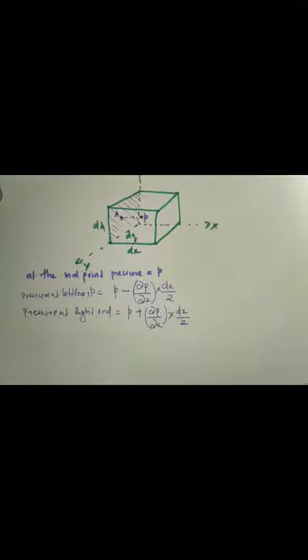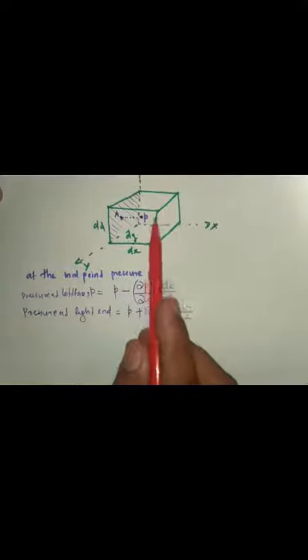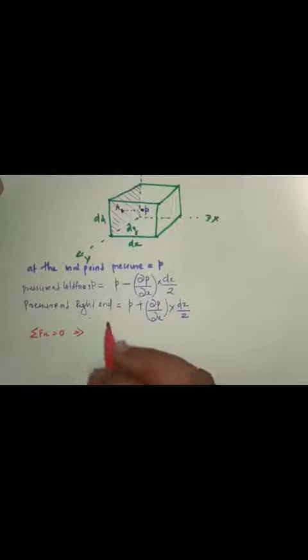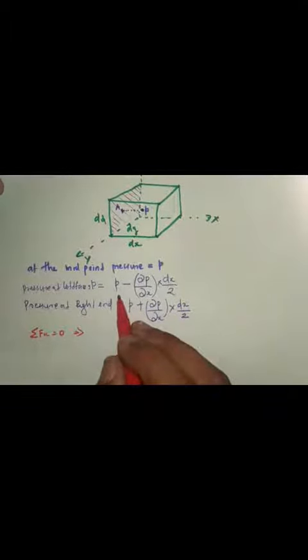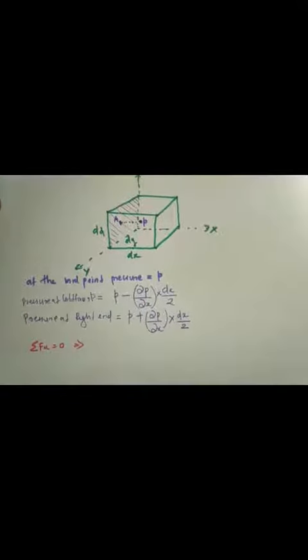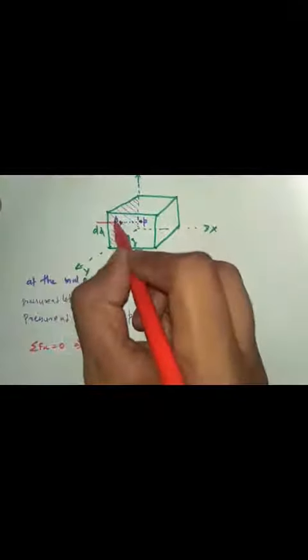So in the x direction, since it is at rest, the equilibrium condition will be satisfied. So sigma Fx is equal to 0. This implies the force in the x direction is 0. What are the forces acting in the x direction? The pressure at the left end, acting here, and since it is in equilibrium, an equal and opposite force will be acting here.